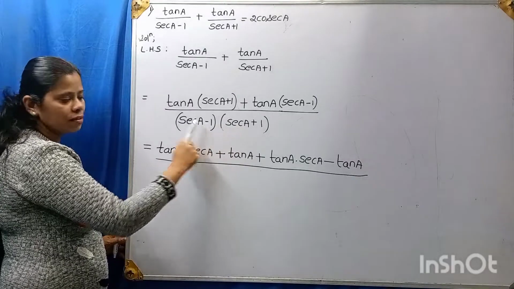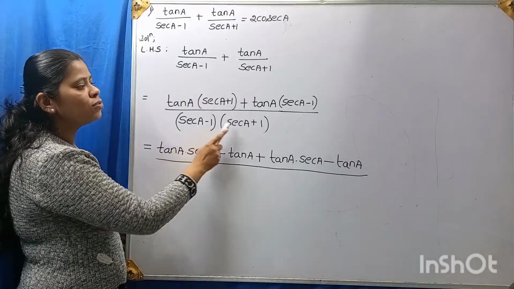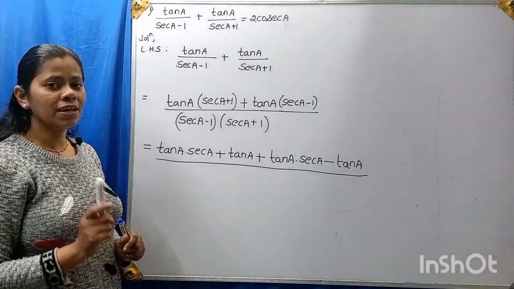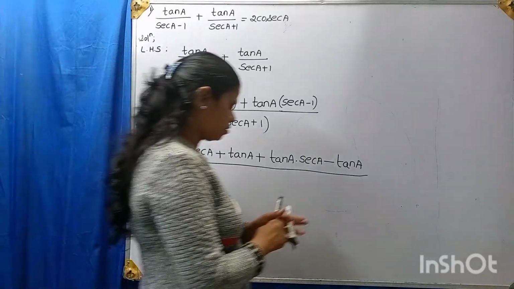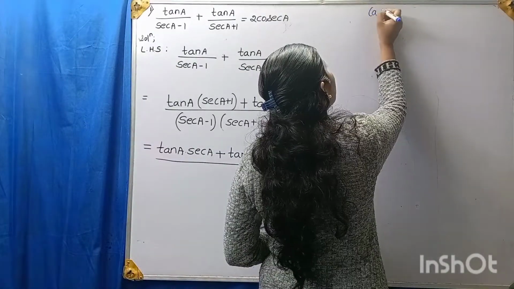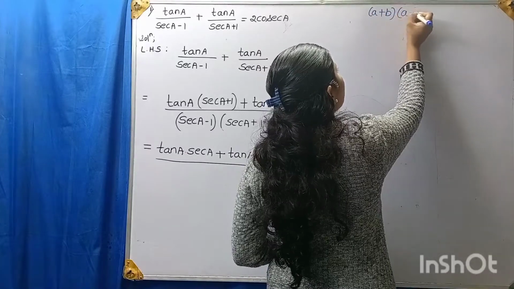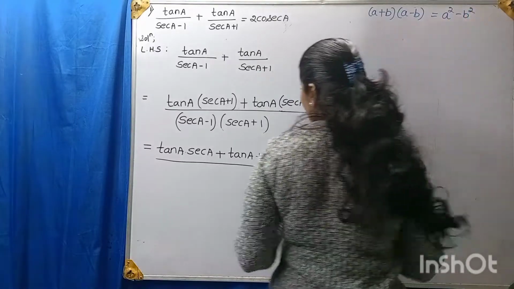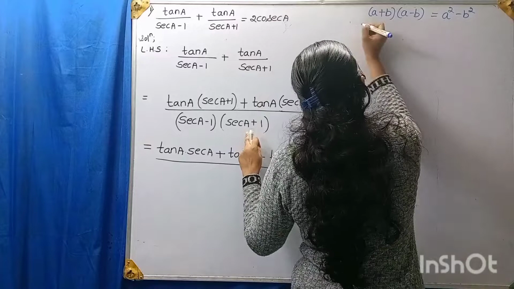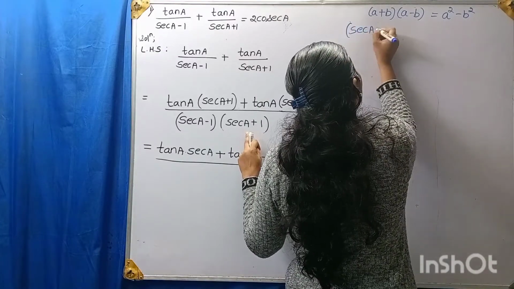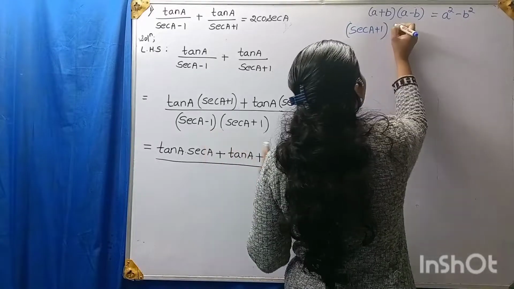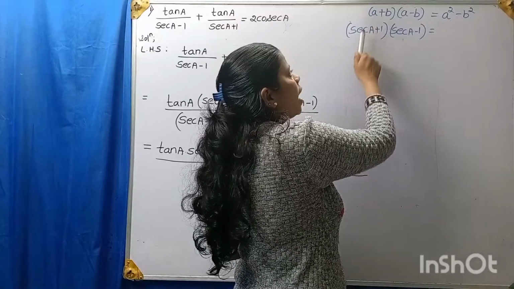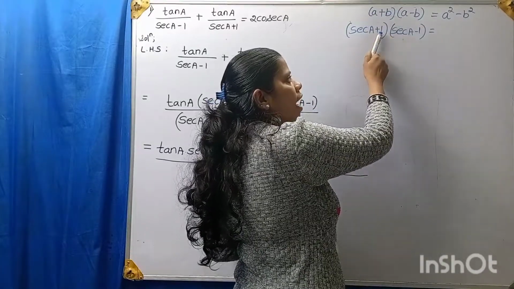Now look at this. This is in the form of A minus B into A plus B. And we will remember the formula. A plus B into A minus B is A square minus B square. Here in the place of A we have secant A, and in the place of B we have 1.